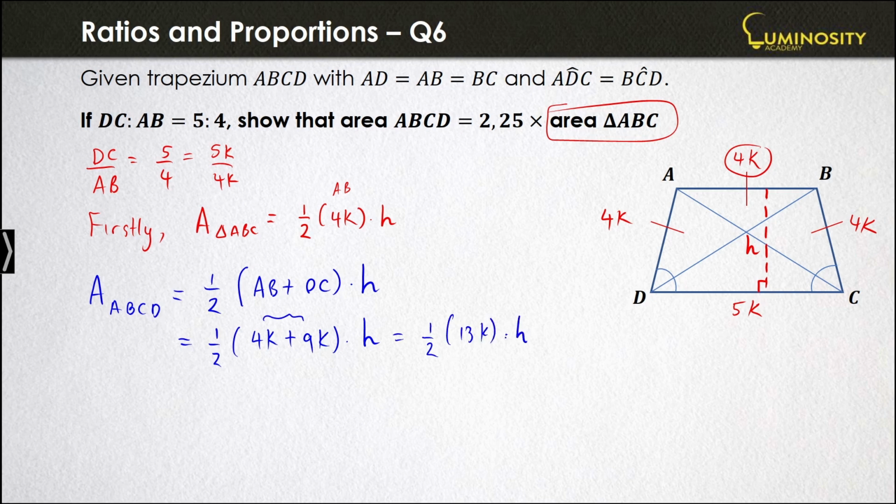All right, so now I've got an expression for this area of the trapezium, and I've got an expression for the area of triangle ABC. Okay, so this essentially becomes 13 over 2 times k times h.